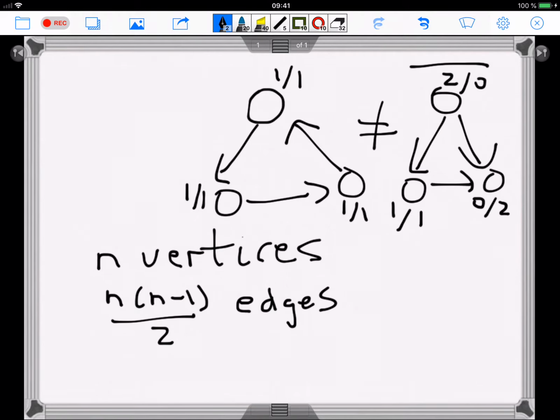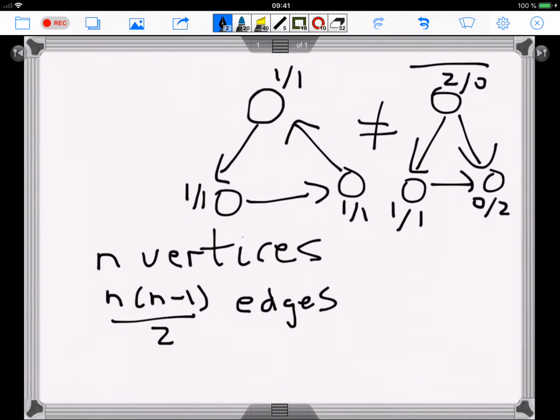Okay, but what we know is that, on the one hand, the in degree is always between 0 and n minus 1, and the out degree is between 0 and n minus 1, because at most we can have edges that go to all the other vertices, or edges that come from all the other vertices.